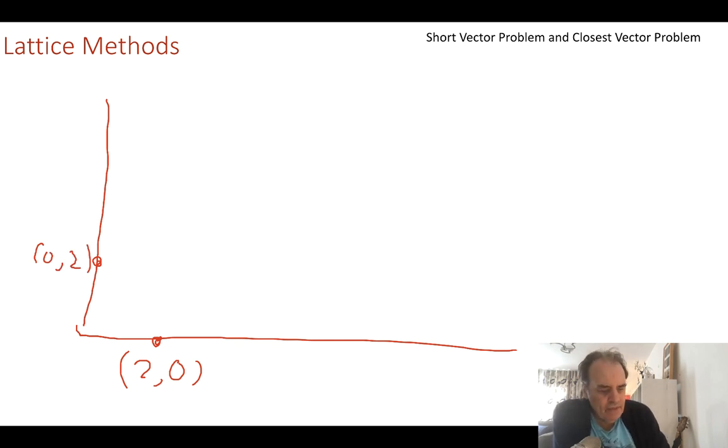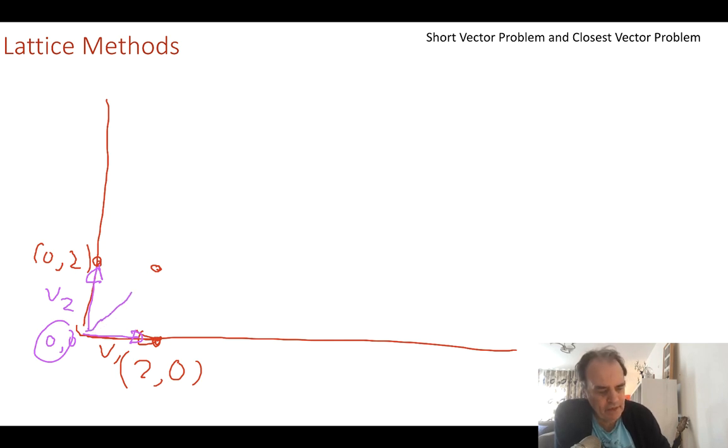Okay, so if we call this vector v1, I can create a vector here using the origin as one pointed vector, and we have another vector v2.